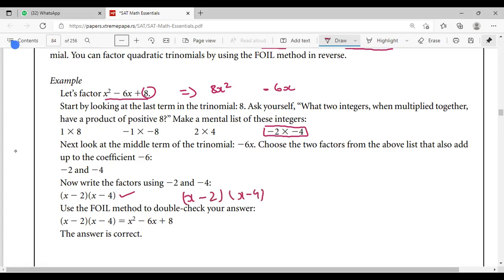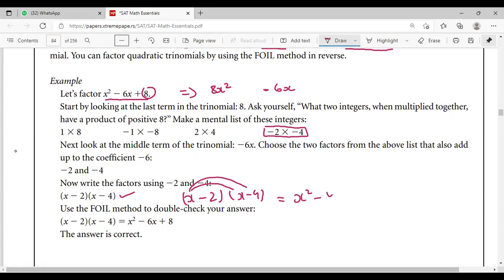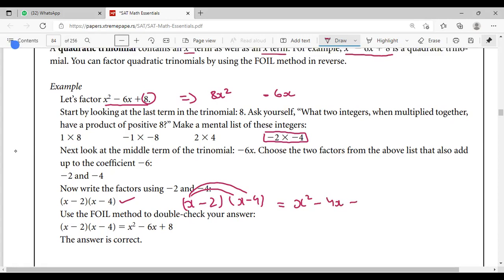And if you multiply it, you will get x square. x would be multiplied by x, then x would be multiplied by minus 4. It would be minus 4x plus, we'll have minus 2x plus 8. This is x square minus 6x plus 8.